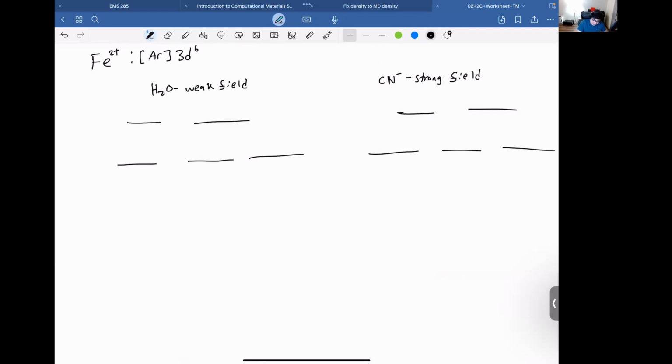Okay, so those are our diagrams. Doing the weak field ligand, again, high spin, low gap in energy. Strong field is the opposite.